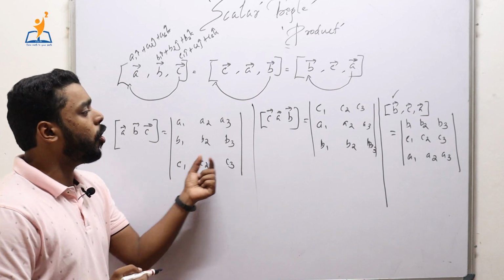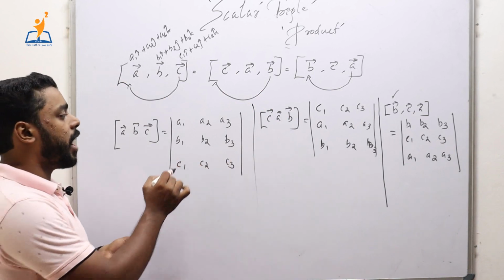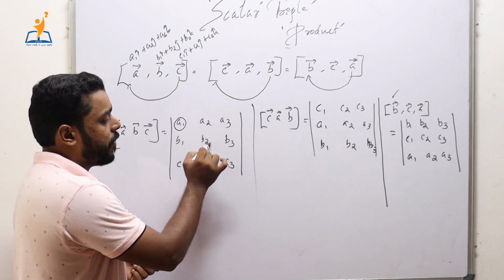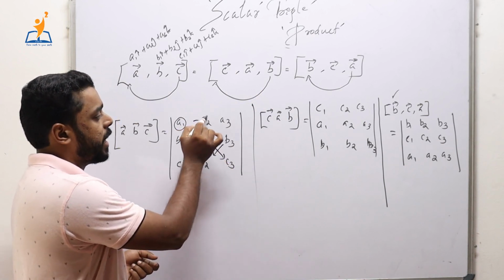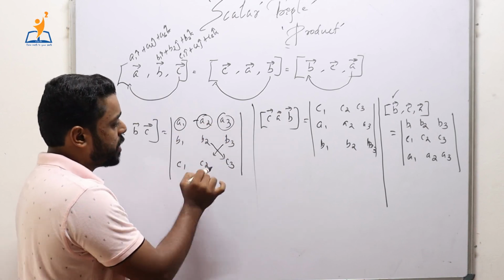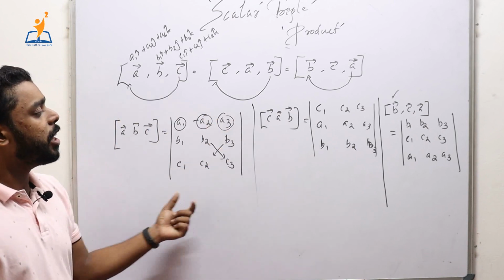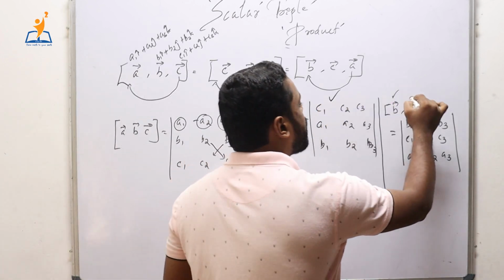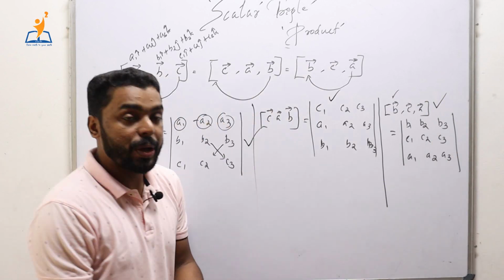On evaluating all the 3 determinants using our formula, A1 into this, eliminating this row and this column, so A1 into this minus A2 into this plus A3 into the last one, this into this. After evaluating these 3 determinants, we can see that all the 3 determinants have exactly the same value.